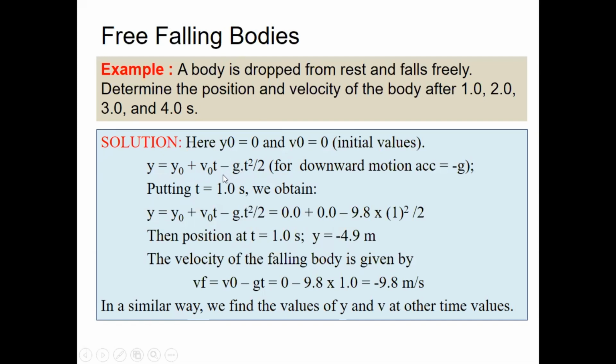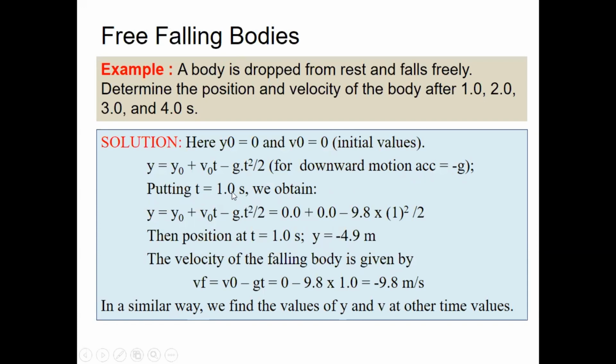Remember, this minus g is actually the acceleration; I have replaced acceleration with minus g, and minus means that from the zero position it is coming down, in the decreasing values of y. If it was increasing values of y, then g could have been positive. Here the case is where minus g is the downward motion acceleration.